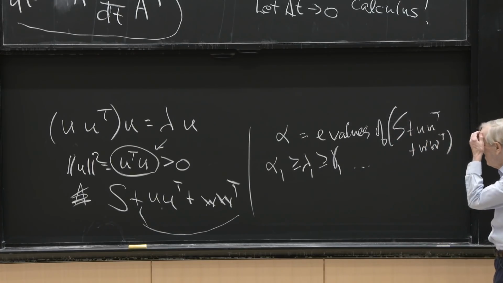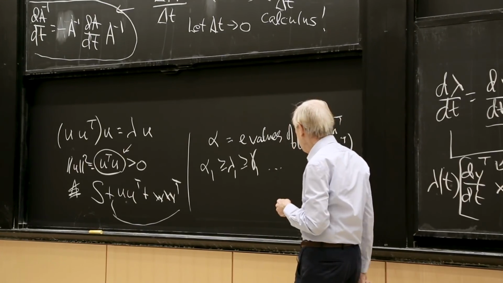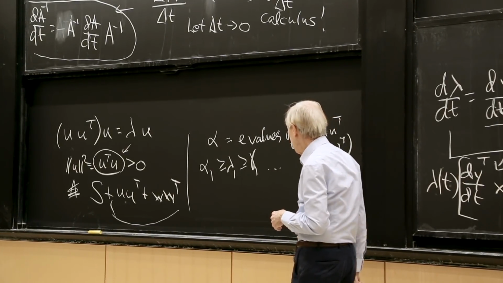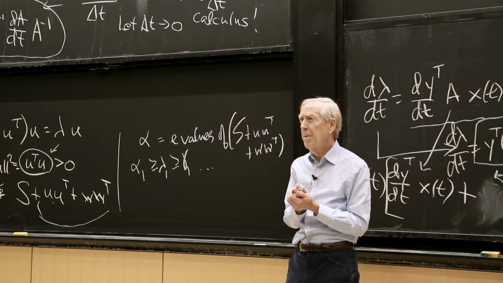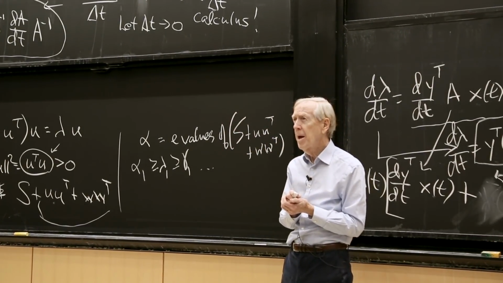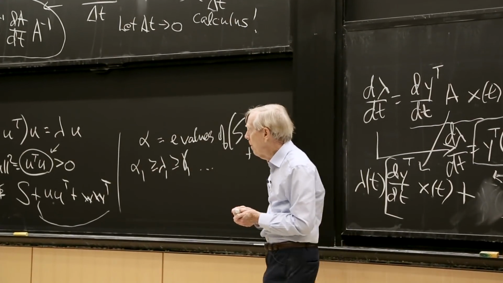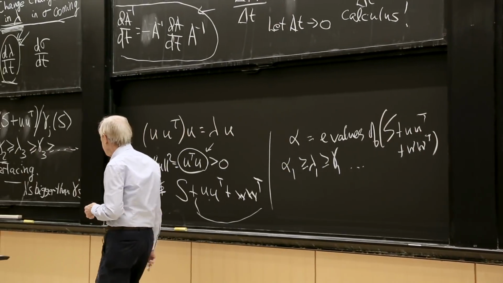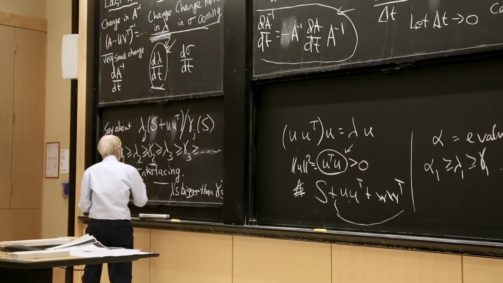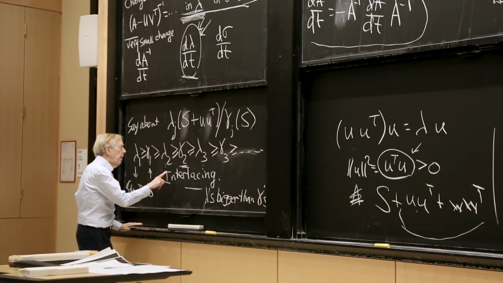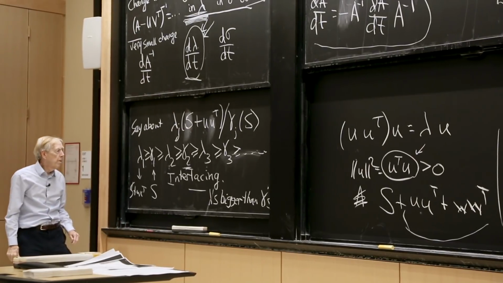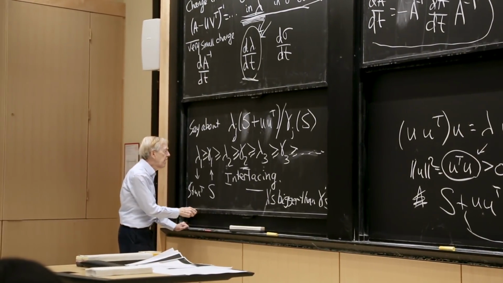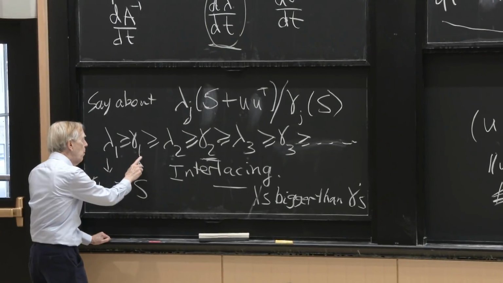Now, let's see, is gamma 1 bigger than alpha? What am I struggling to write down here? What could I say that reflects the fact that this lambda 2 went up?